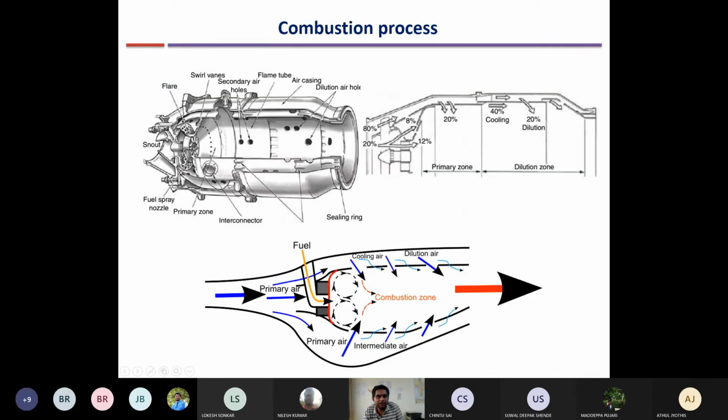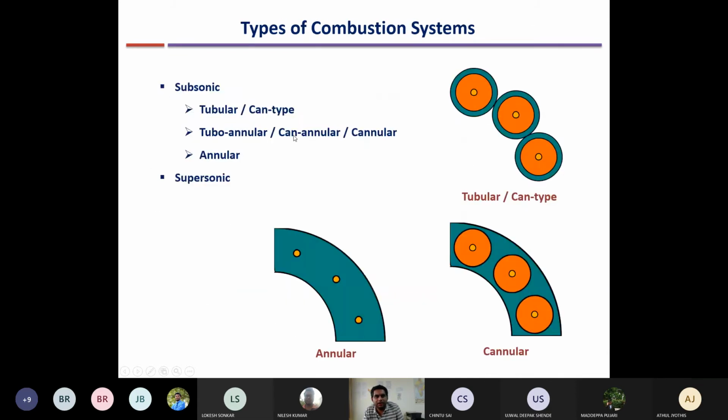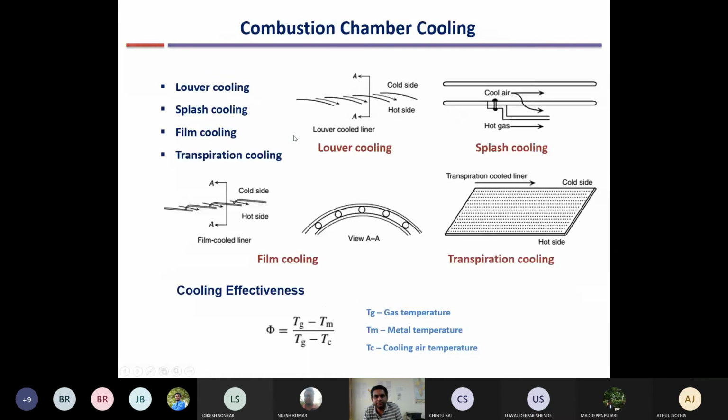But instead of simple plain holes, there is an obstruction below the liner, which directs the airflow to be parallel to the liner. This air comes in like this, but then it moves like this and creates a thin layer inside the liner, which protects it from the high temperature. This is known as splash cooling, as the air is splashing on this plate.